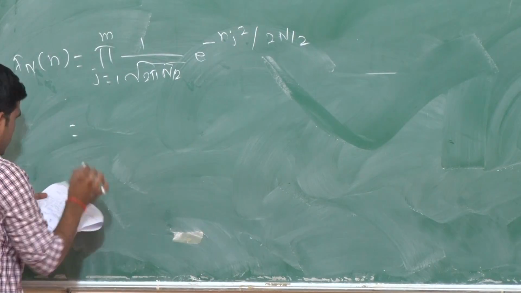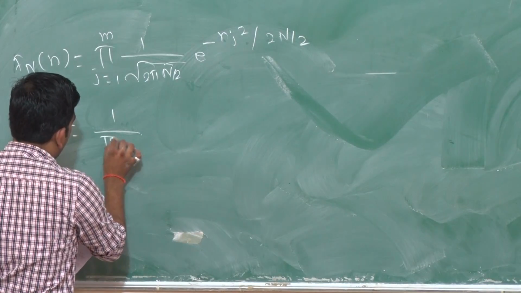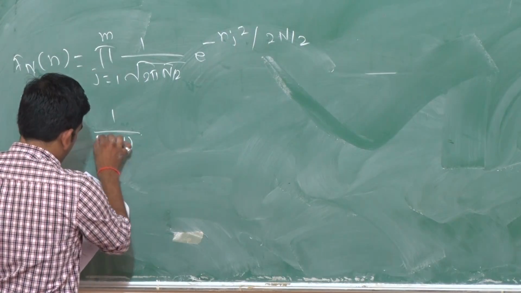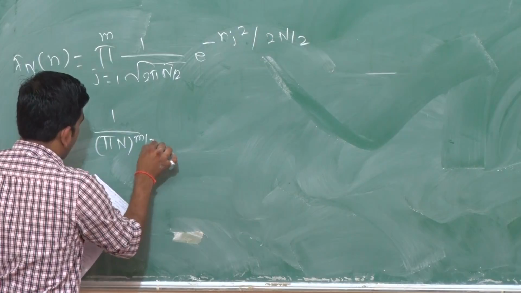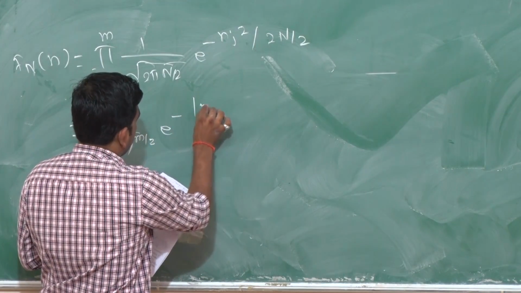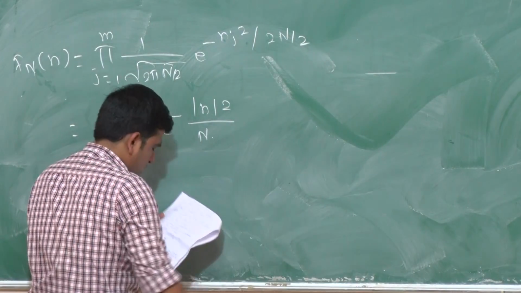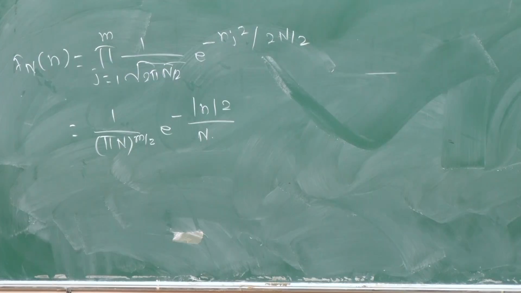So this will be given as 1 by pi N, raised to the power m by 2 and so on. This is the probability density function for this noise.